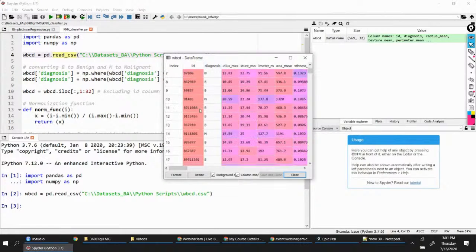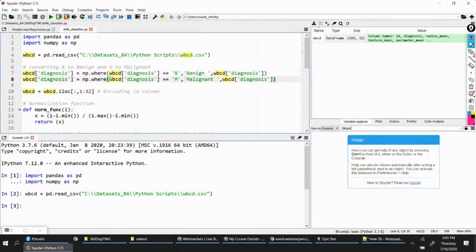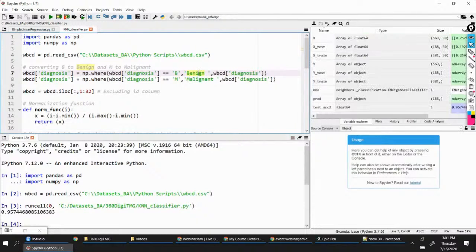Now, if you want to have the full names for benign and malignant, we can do this. Wherever it is B, mark it as benign in the data set. In WBCD, in square brackets, you're calling it diagnosis, right? So the diagnosis column will be updated with this benign value.